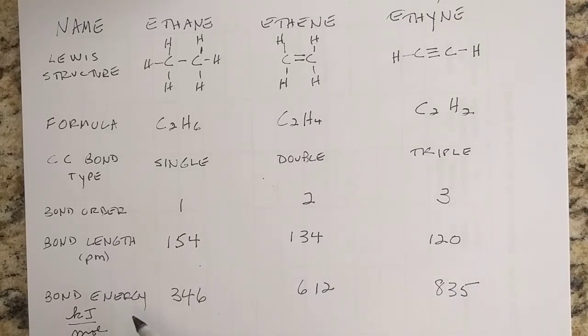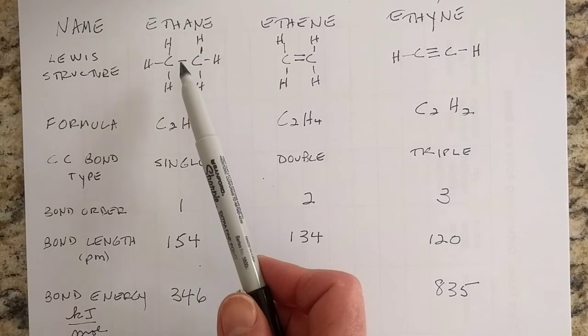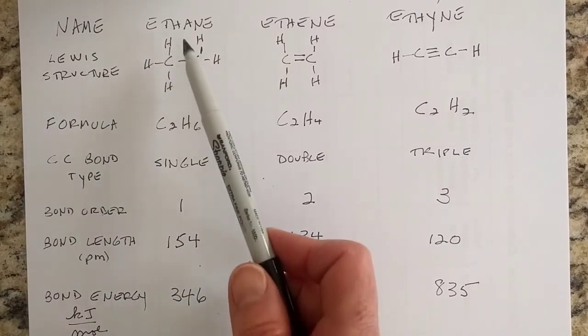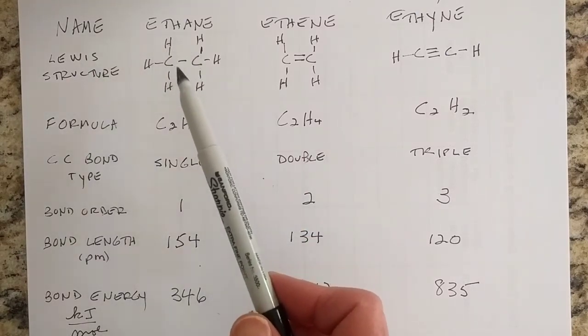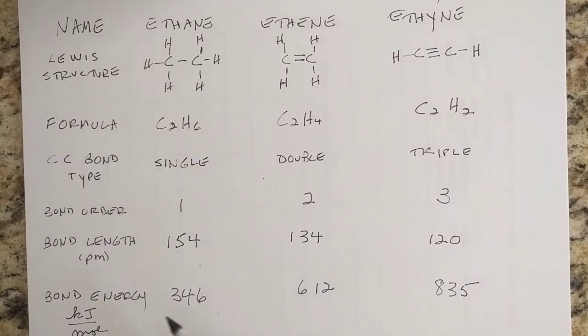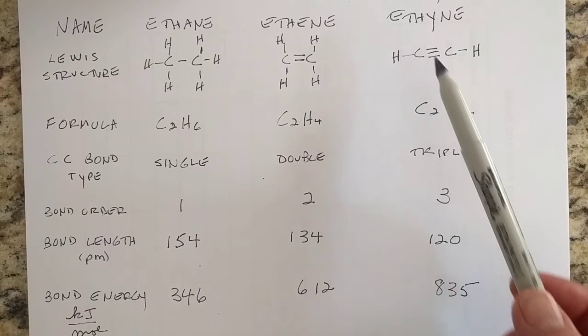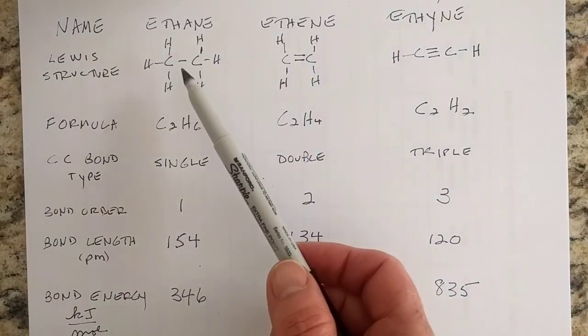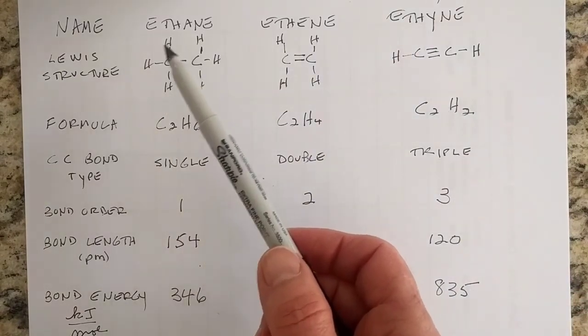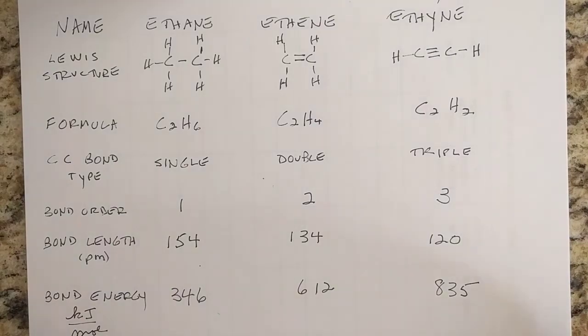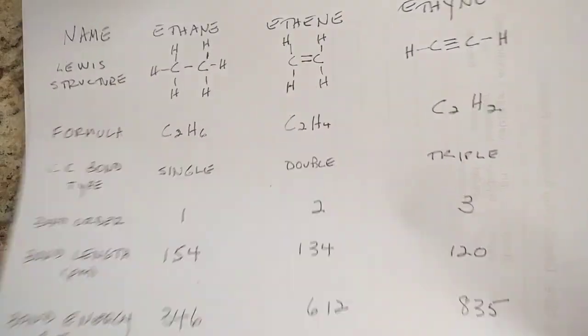The bond energy is the energy required to break the bonds. When you have a bond and you want to split those carbons up, you have to put energy in. So it takes more energy to break up the carbon-carbon triple bond than it does to break up the carbon-carbon single bond.